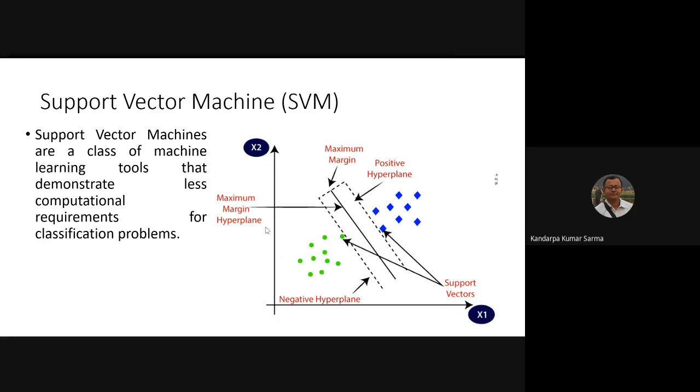We will find that there shall be two planes. Here is the first plane, x1, and there is a second plane, x2. We will have here a maximum margin hyperplane, that solid line. We further have a maximum margin shown by this dotted line. Then we have a negative hyperplane.